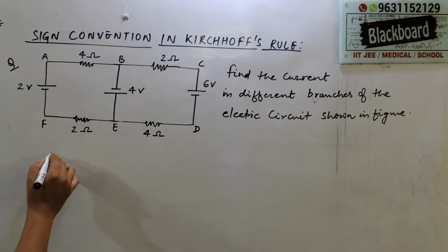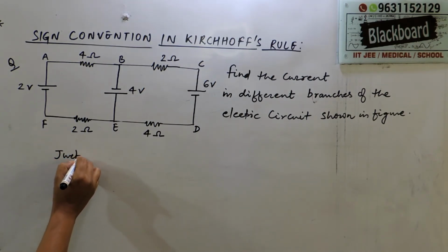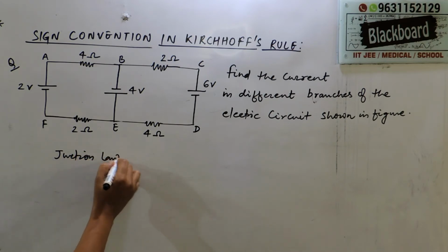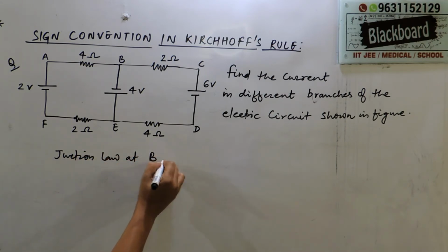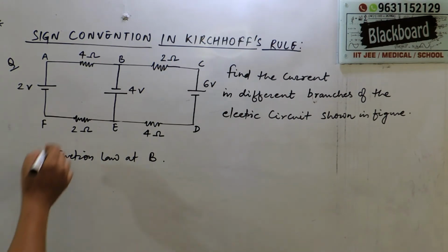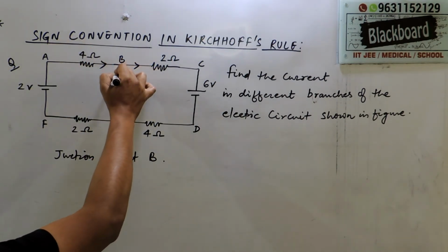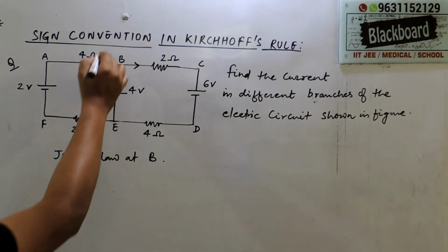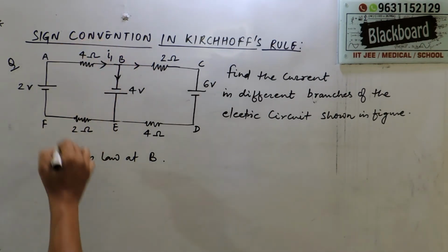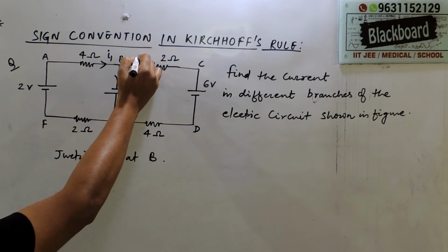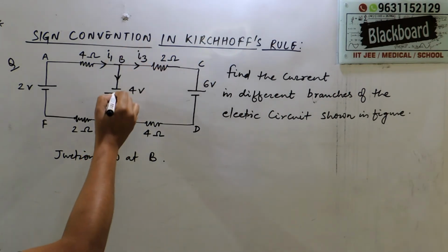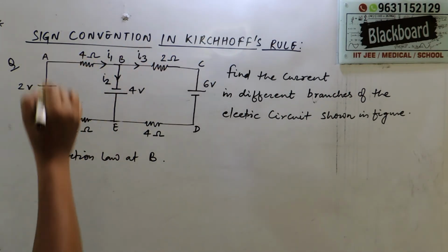Junction law at B. Here I1 current is entering and I1 current देखिए दो पार्ट में डिस्ट्रीब्यूट हो गया. Let this current be I1 and here this current is divided in two parts. This is I3 and let this be I2.